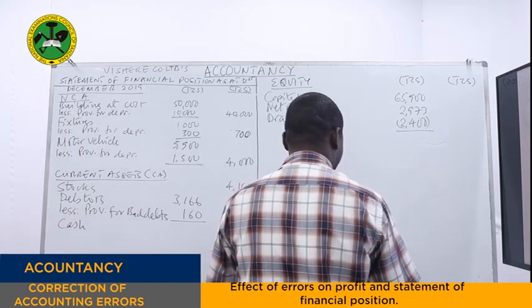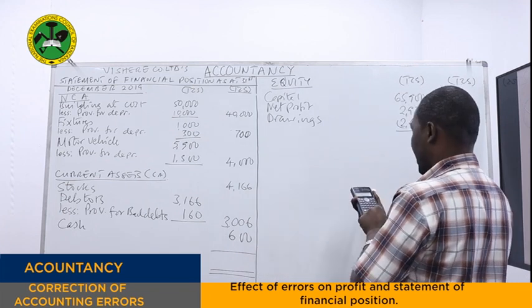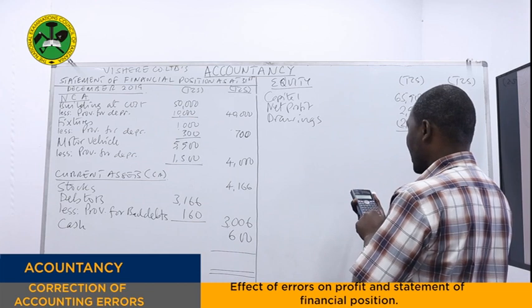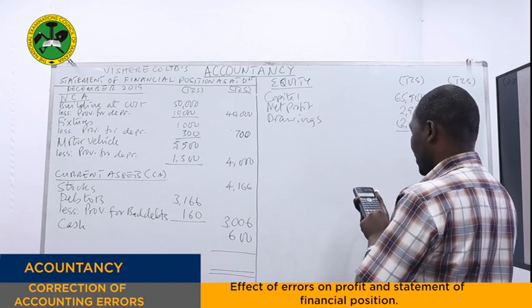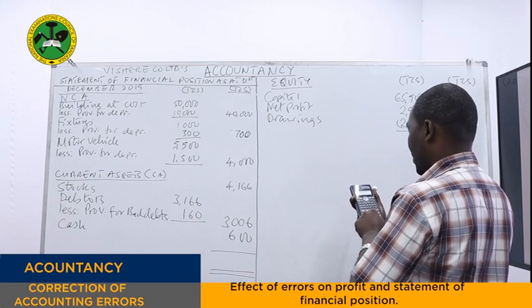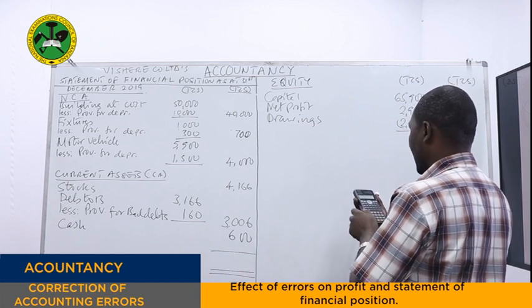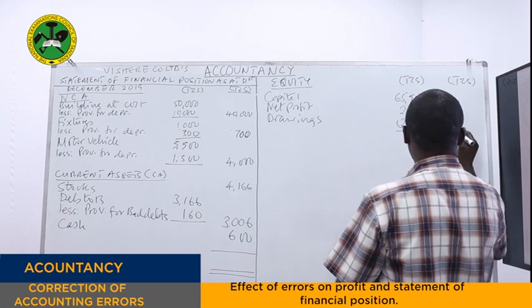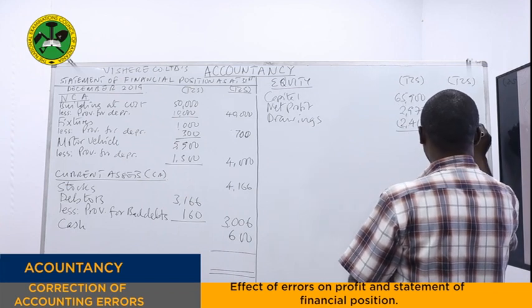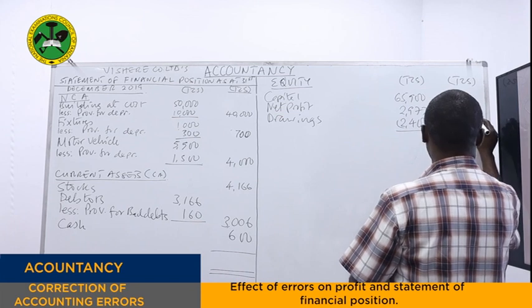So let us compute here. 65,900 plus 2,973 less 2,400. We get 66,473.